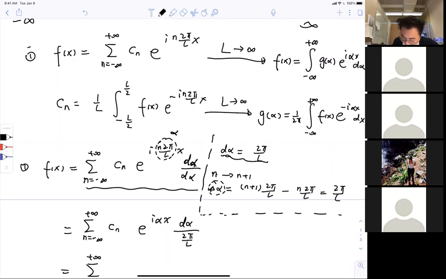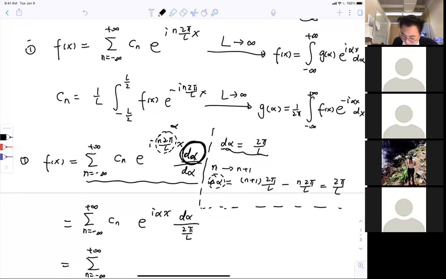Meaning that I want to divide by d alpha to make this guy unchanged. If I didn't divide by d alpha, then it's different because you multiplied by this d alpha. Okay, that makes sense. Yeah. So basically, this is a very common trick. Like you multiply by something, you divide by something, and then this guy becomes a part of your integration.